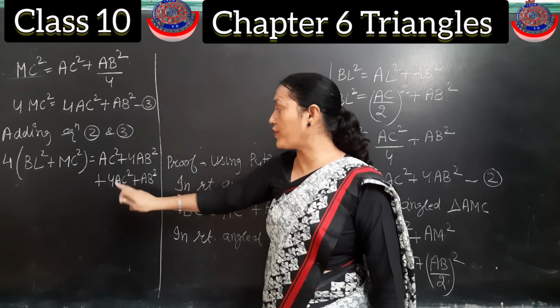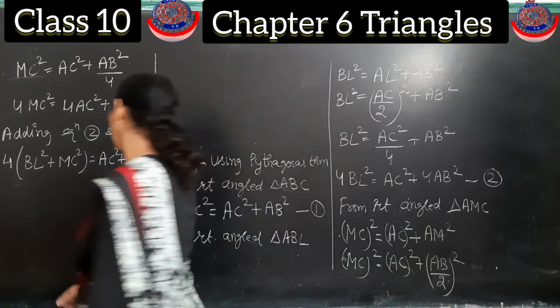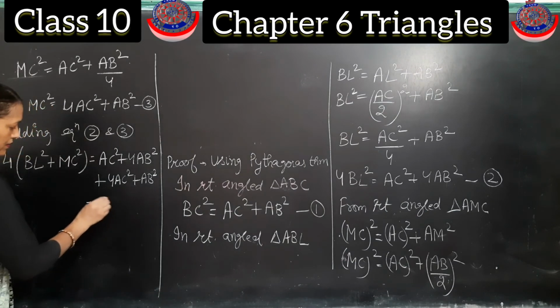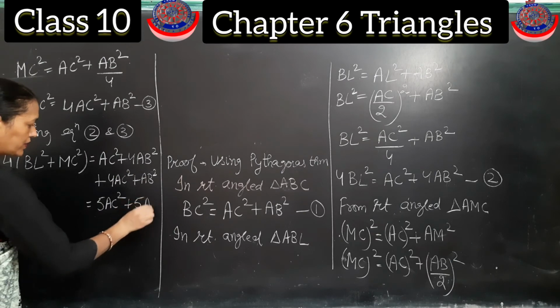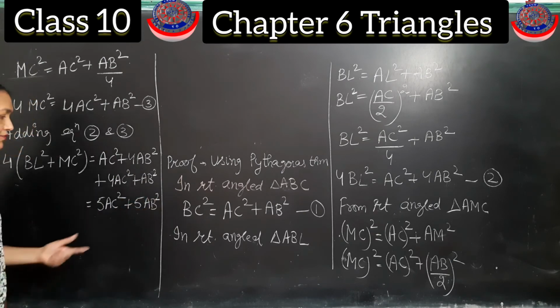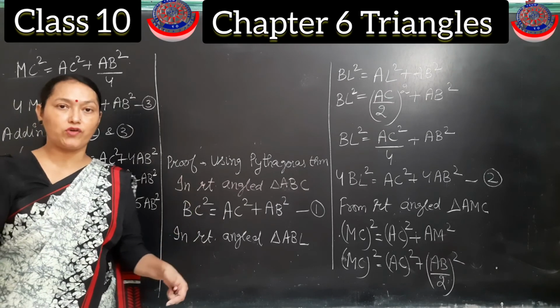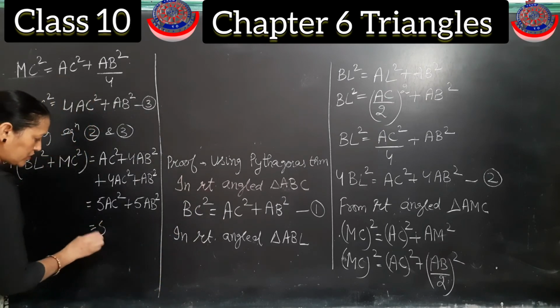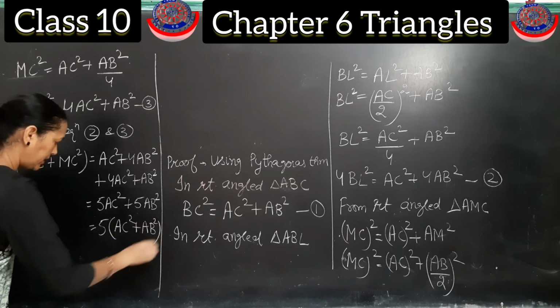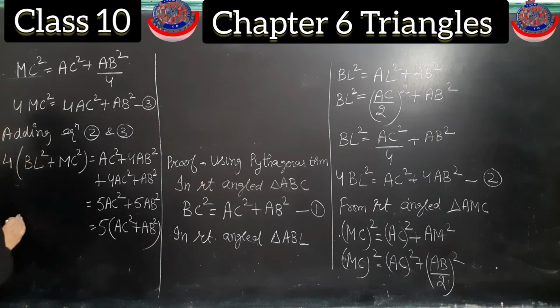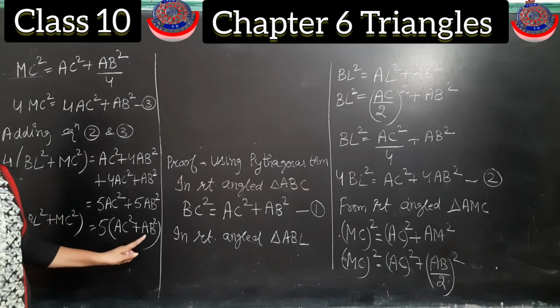Now AC square plus 4AC square means 5AC square, and here 4AB square plus AB square is 5AB square. So from these two I will take 5 common: 5 times AC square plus AB square. We obtained 4 times BL square plus MC square is equal to 5 times AC square plus AB square.